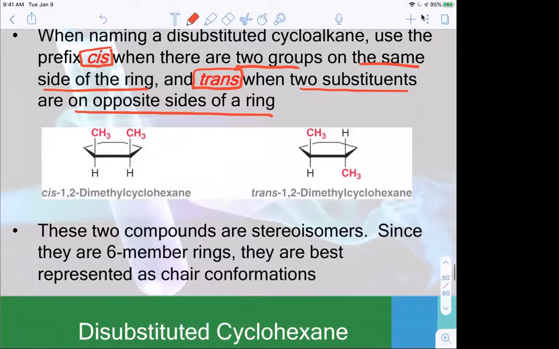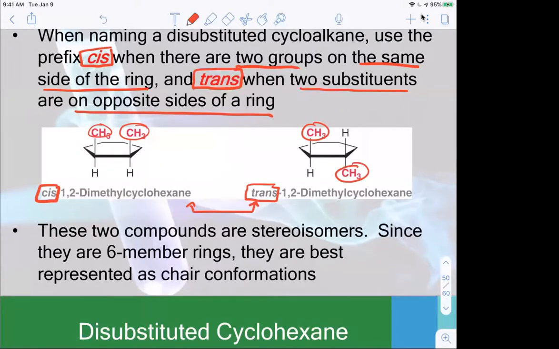For example, both of these can be called 1,2 dimethyl cyclohexane. Both of those would fit the name 1,2 dimethyl cyclohexane. The cis says those two methyl groups are on the same side of the ring. The trans says those two methyl groups are on opposite sides of the ring.